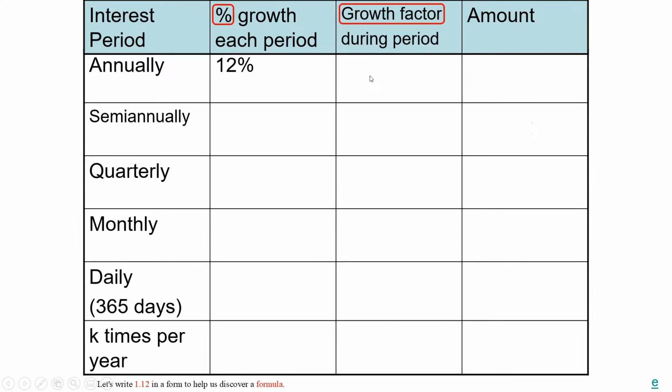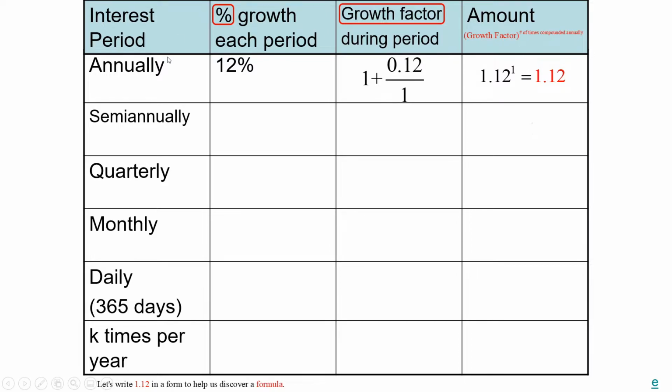So what we're doing here is we're taking the 1 to represent 100% of our investment plus 12% interest, 0.12, and we're compounding that just at the end of the year, divided by 1. And that is my growth factor. That is 1.12, like we already knew. So how much money do I have at the end of the year? I'm going to go my growth factor to the number of times compounded every year. So that's just going to be 1.12 to the first power, or 1.12.